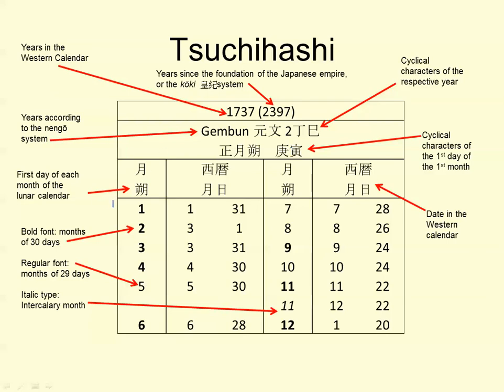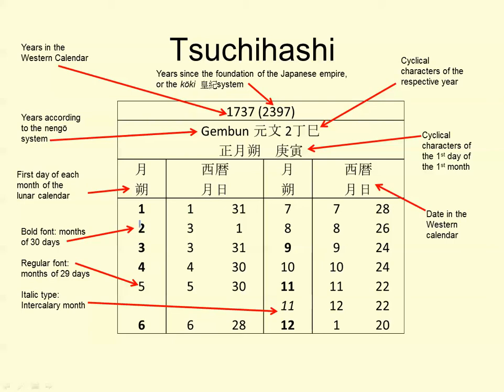On the left-hand side, we have a column that gives us the first day of each month of the lunar calendar. So the first day of the first month in the lunar calendar corresponds to the 31st day of January in the Western calendar.